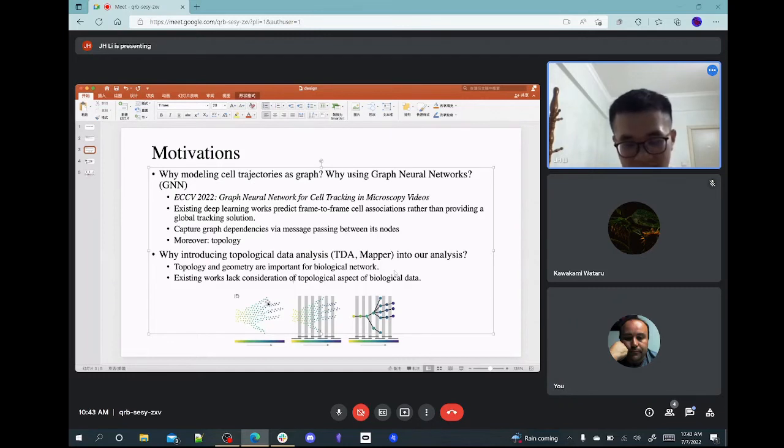I mean, if a certain cell can perceive a larger range of its topology, it will help it to build cell trajectories. I don't know if I explain it clearly. Yeah, I think so.